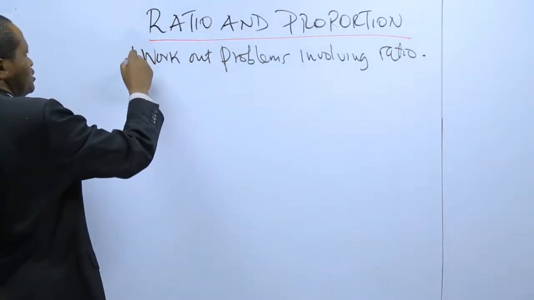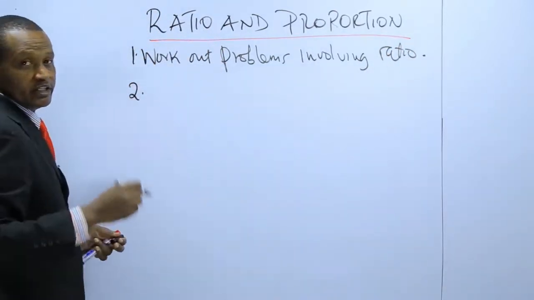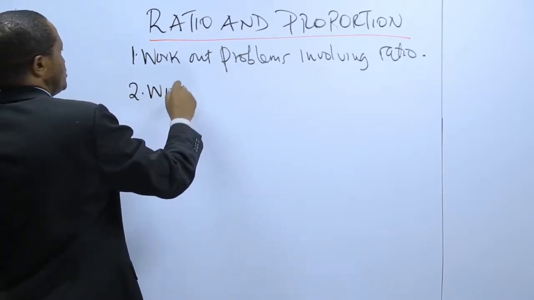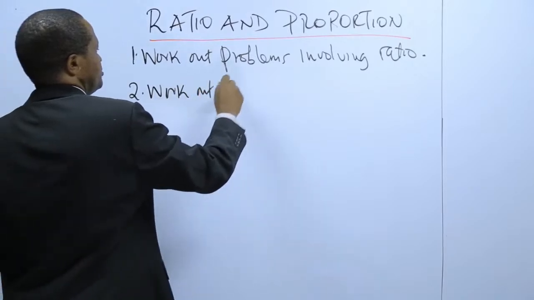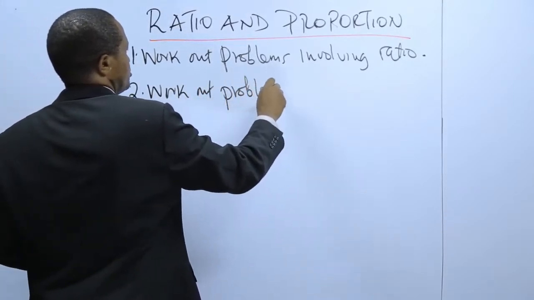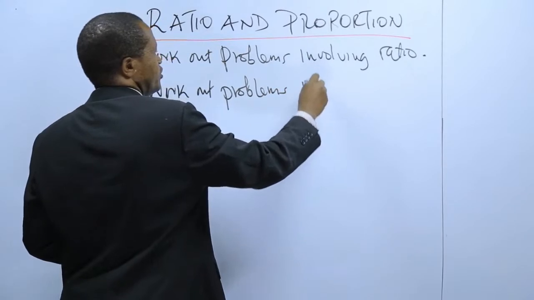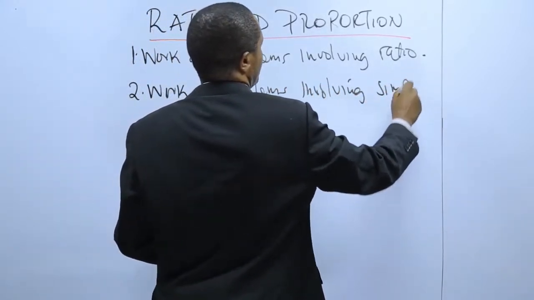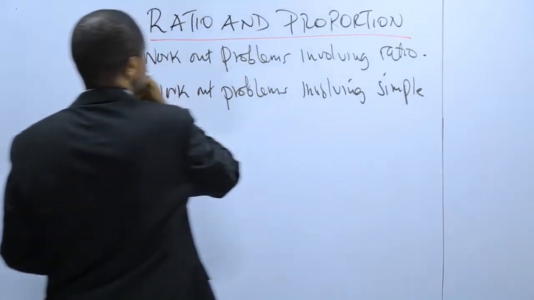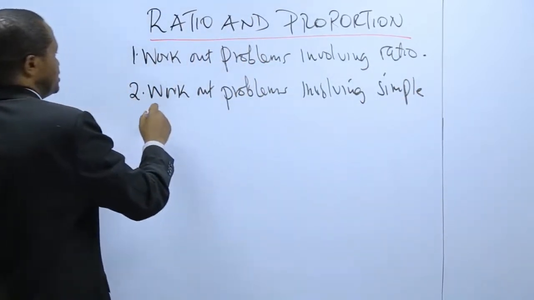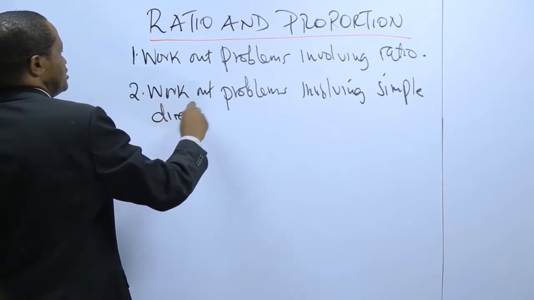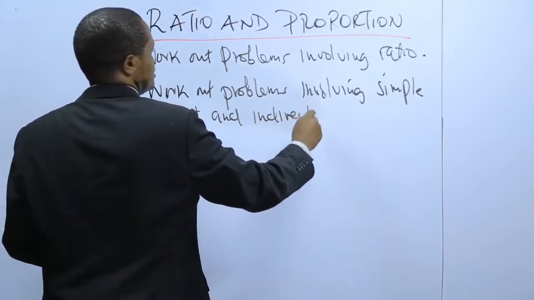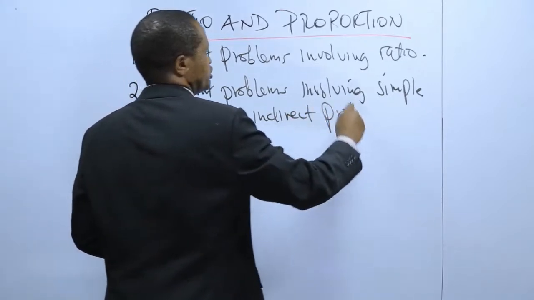The second objective, by the end of this unit, you should be able to work out problems involving simple direct and indirect proportion.